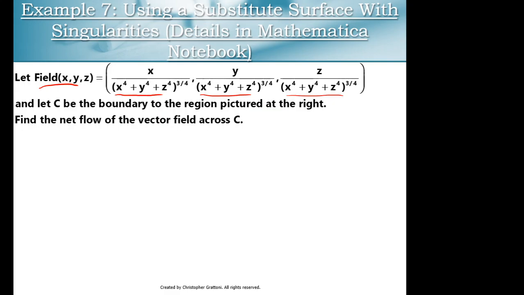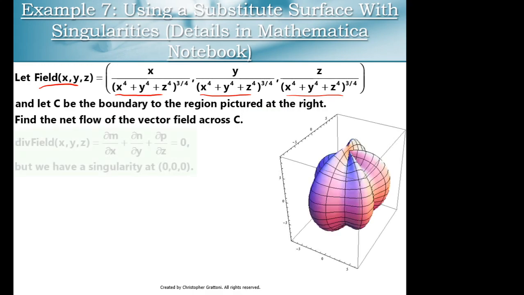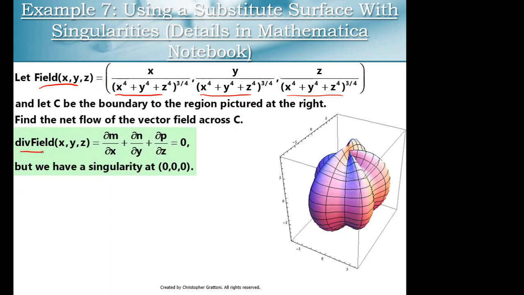The other thing you should recognize is, even though you wouldn't want to do this by hand, you are very interested in finding out what the divergence of this vector field is. The very first calculation you should do for this sort of problem is compute the divergence of your vector field, and you should be really excited when you see that this divergence is equal to 0.